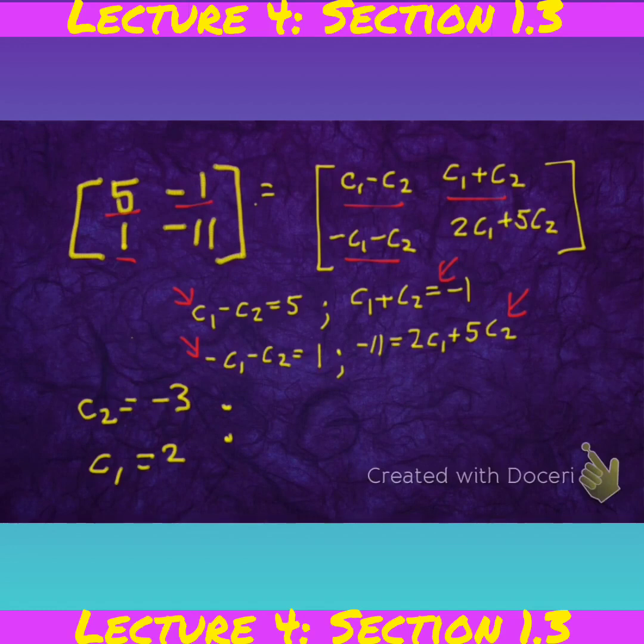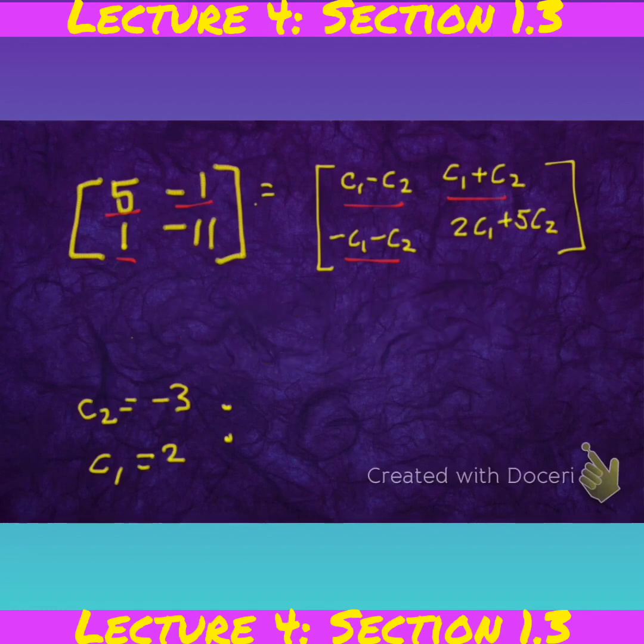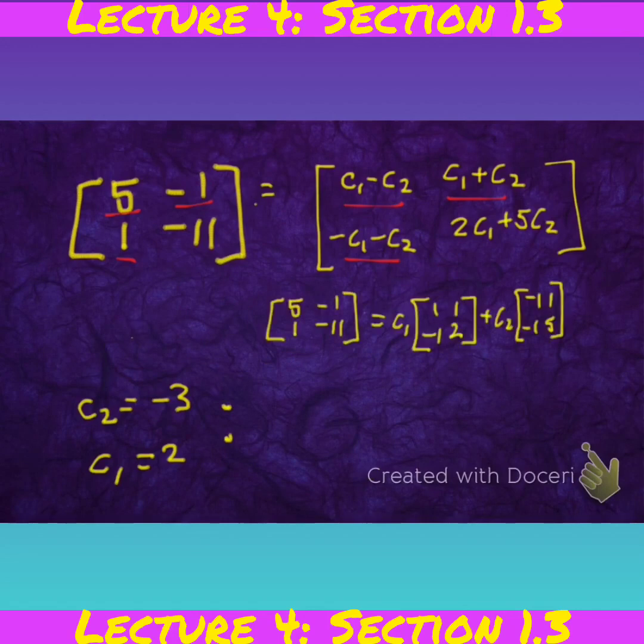So to complete the problem, we have that the matrix on the left is basically C1, which we solved as 2. We take 2 and replace C1 with 2, and then C2 we can replace with minus 3.